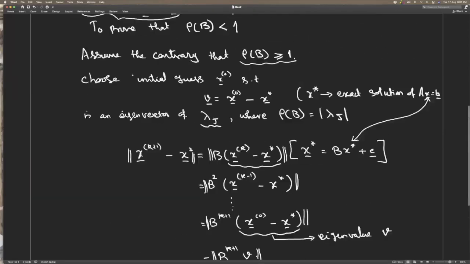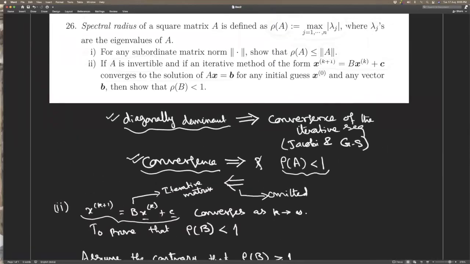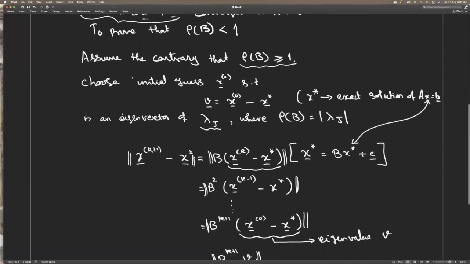That is a contradiction to the assumption that your sequence is converging. So you assume that the sequence converges, then you have to prove that the spectral radius of the iterative matrix B is less than 1. What we did, we assumed the contrary, that it is greater than or equal to 1.